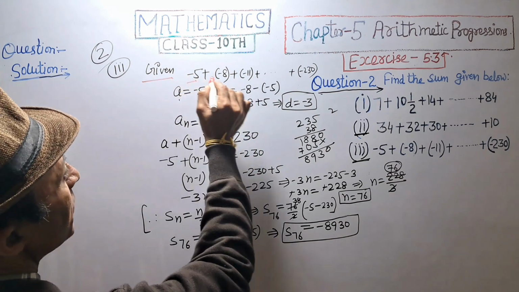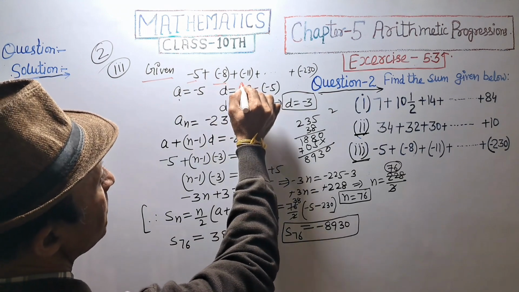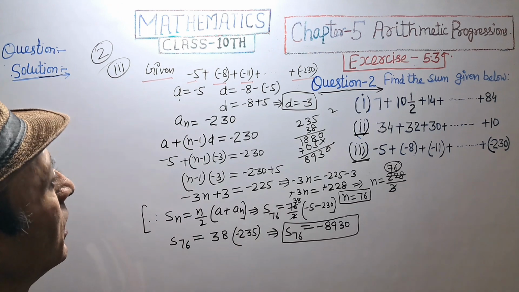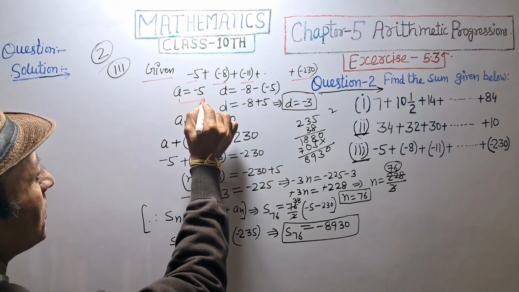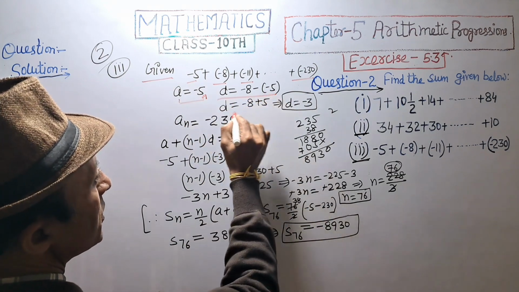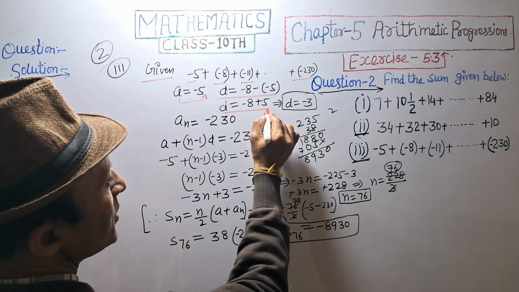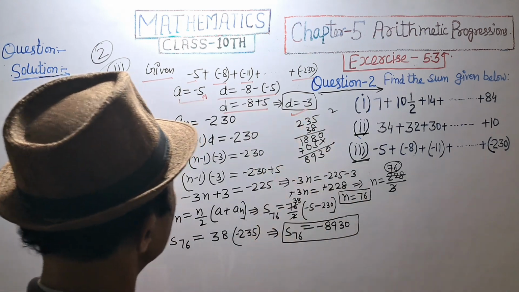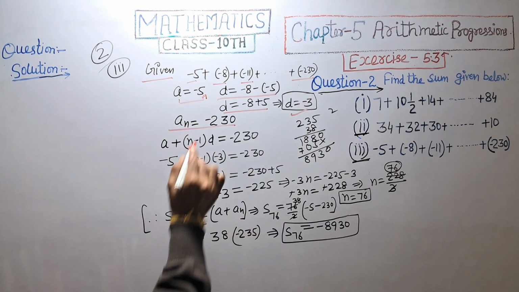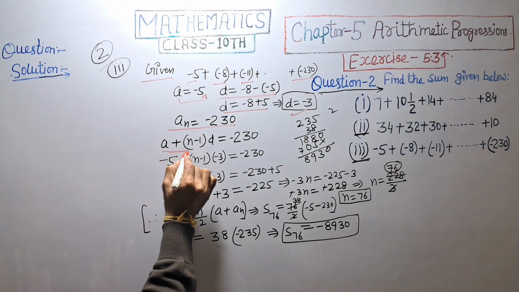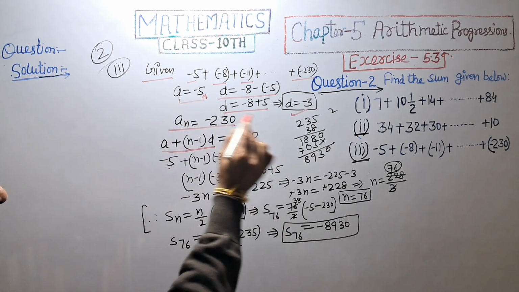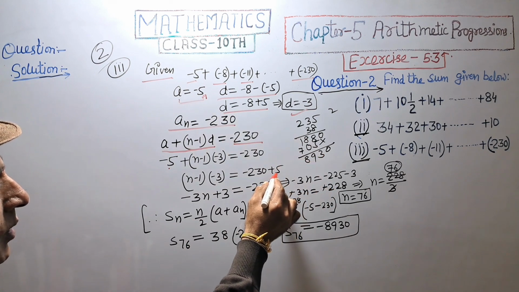Given AP minus 5 plus minus 8 plus minus 11 plus up to minus 230. A is first term, that is minus 5. Common difference is second minus first. D is equal to minus 8 plus 5, that is minus 3. Last term is an, minus 230. A plus n minus 1 into d is equal to minus 230. A is minus 5, shifting right side, that is positive 5.